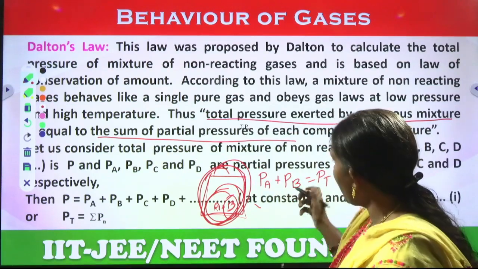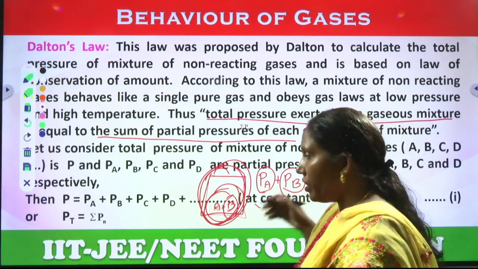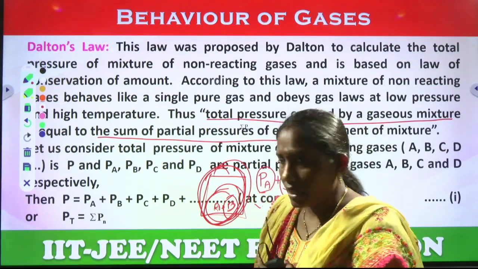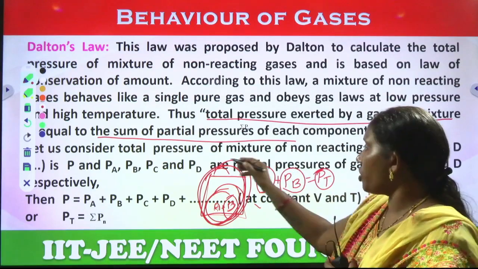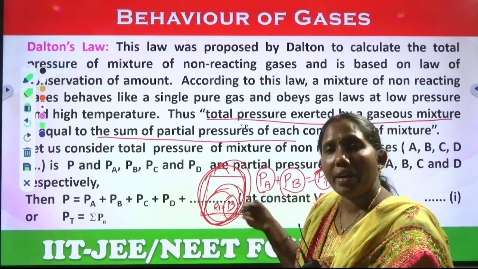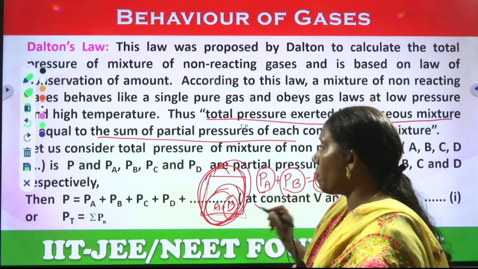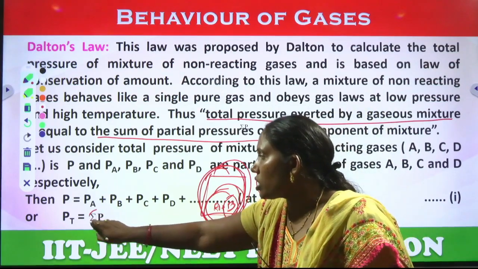Partial pressures here we considered as PA and PB, and we defined partial pressure as the pressure exerted by the individual gas. PT means the total pressure of the container, A plus B combined in the container, that gives the total pressure. So PT equals sigma Pn.